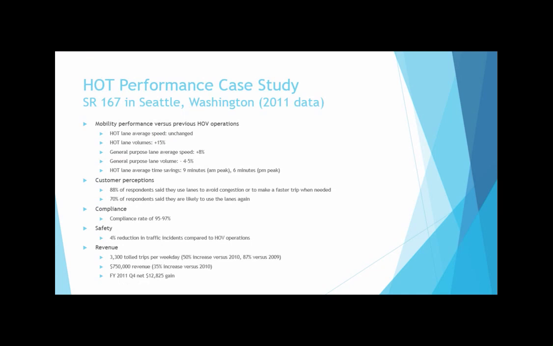And as to revenue, there were 3,300 tolls tripped per weekday, which was a 50% annual increase and an 87% increase versus 2 years prior. And there was a revenue of $750,000, which was a 35% annual increase. So in the report I read on this, they considered this a successful implementation that met their goals as measured by the performance measures up on the slide.